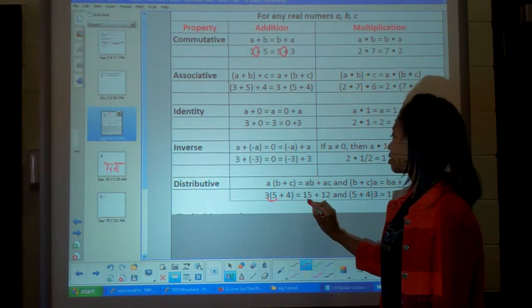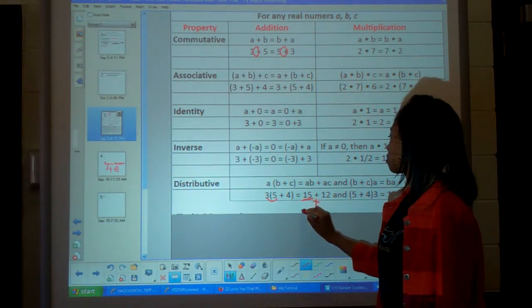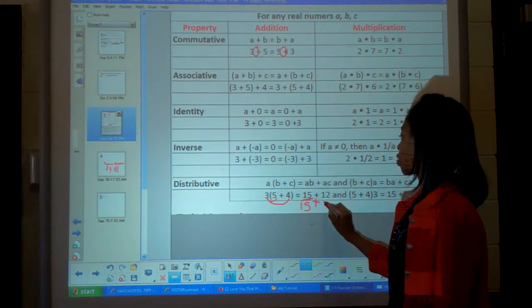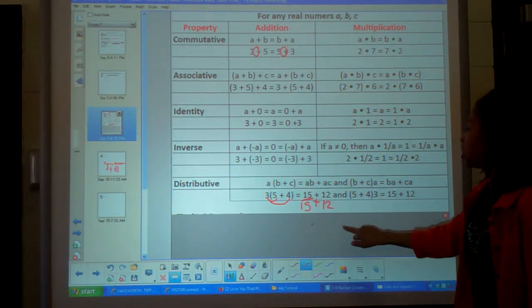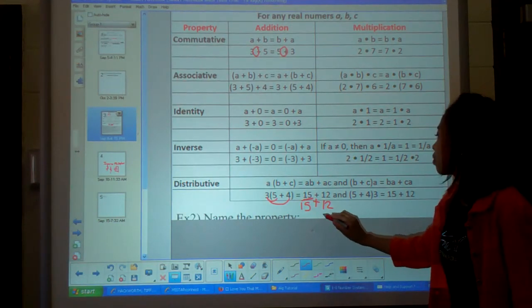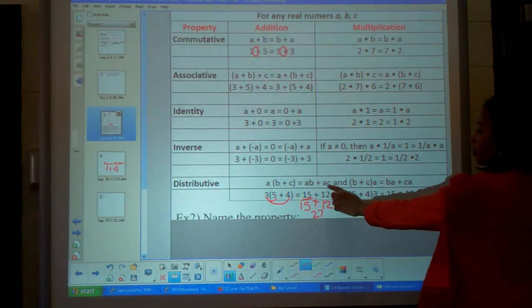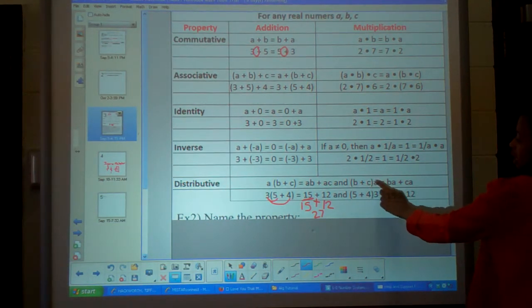3 times 5 is 15, plus, and then I have to distribute the 3 to the 4. 3 times 4 is 12. Okay? And what does that equal here? It's 27. Well, this second part says I'm moving it around, I'm flipping, I'm doing B plus C times that.